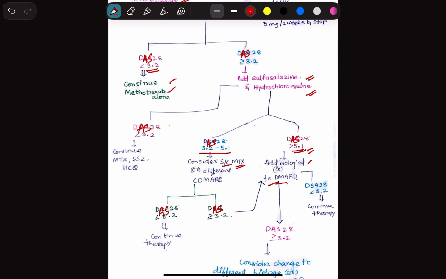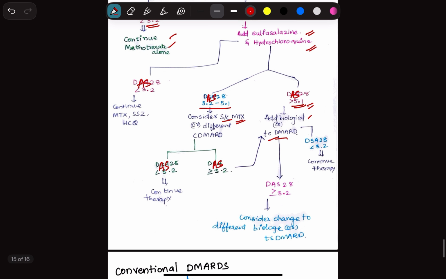But if the DAS is greater than 3.2, we'll consider two classifications: DAS 3.2 to 5.1 as one category, DAS greater than 5.1 in another. If they fall under 3.2 to 5.1, we consider giving methotrexate subcutaneously, or we could choose a different conventional DMARD. After that, we will check the disease activity score.